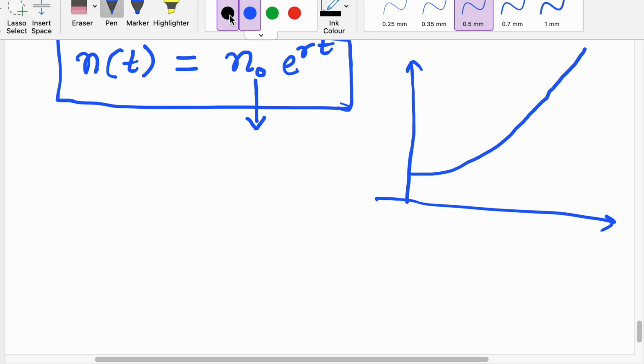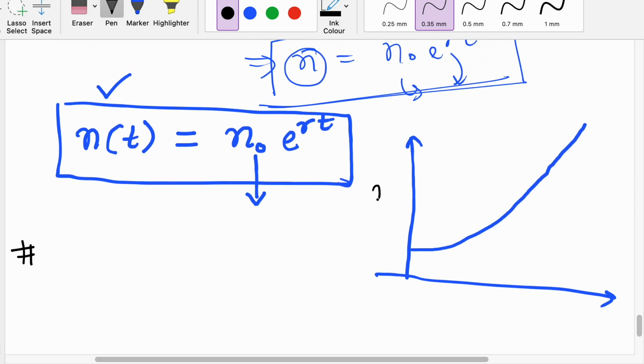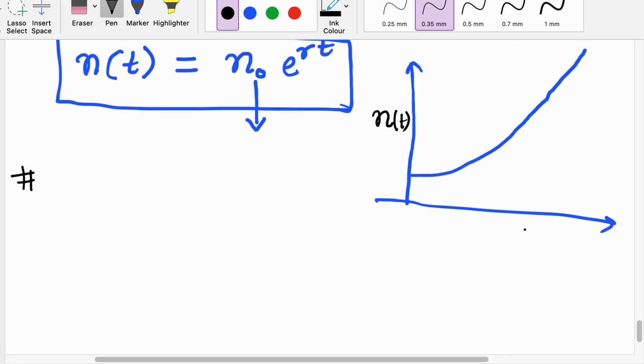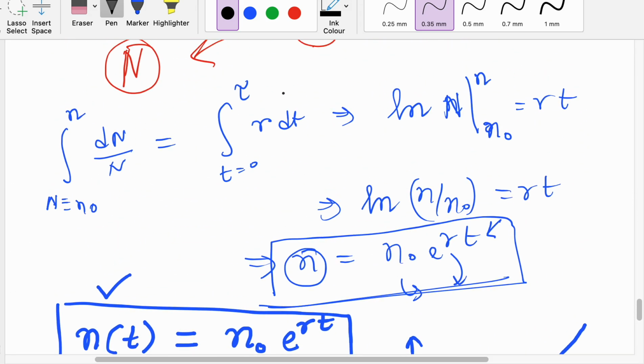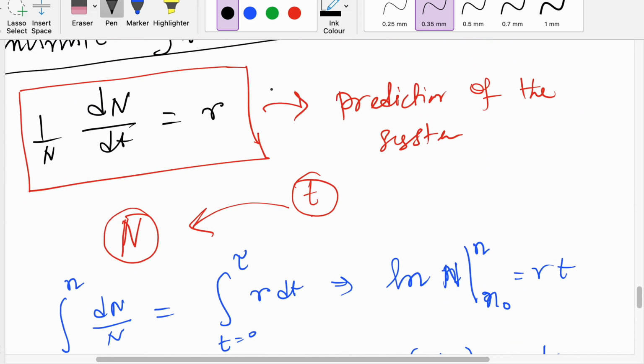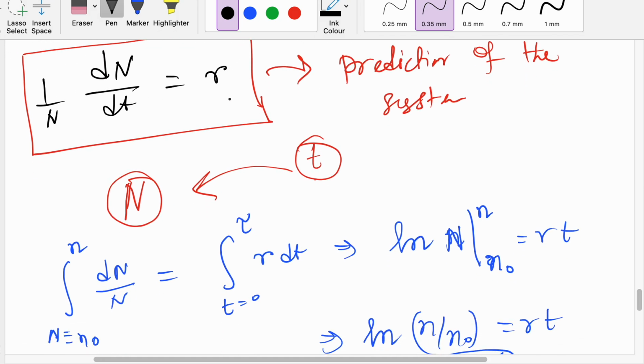Now one thing I want to say here: this is N at time t, and this is the time axis, this is 0 and it goes on. Is this graph showing this property or not?